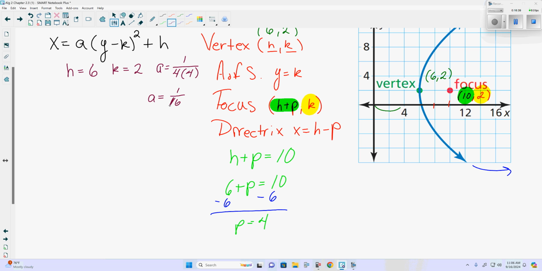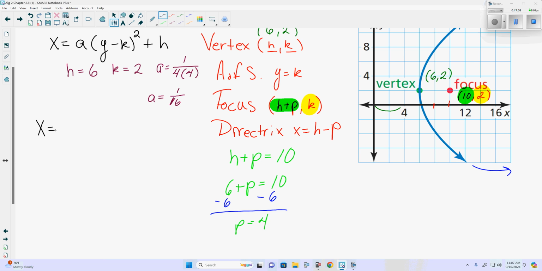Questions on what we've done so far? Questions on any of this here? So we good on finding A, H, K? Yes? Well, we found P to find A. The equation, x equals, well, what's the value of A?